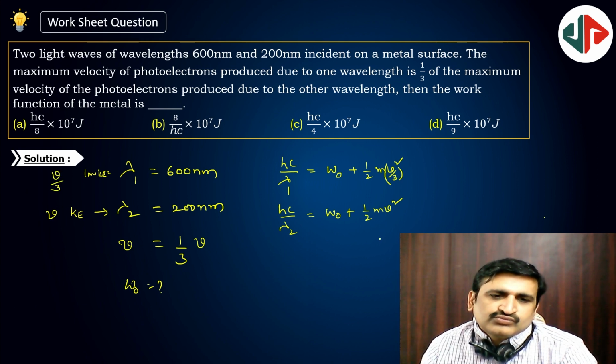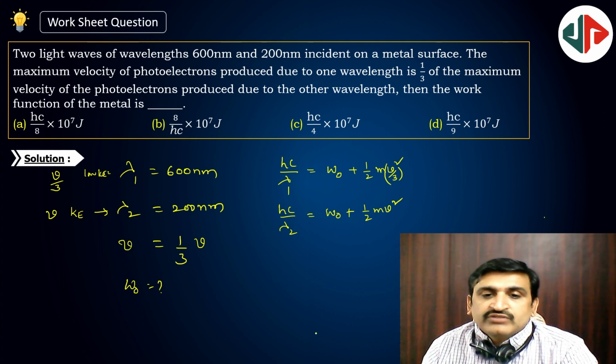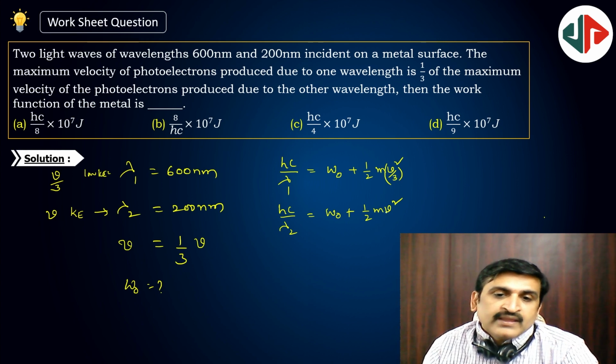Now dividing one with the other, HC will go. We want HC, so not dividing; let us solve in a different way. It is going to have 1 by 9.